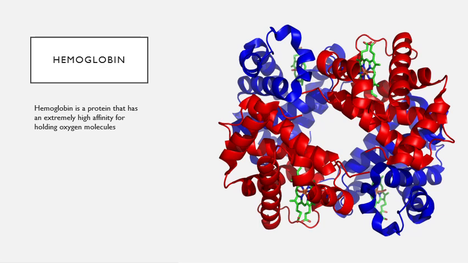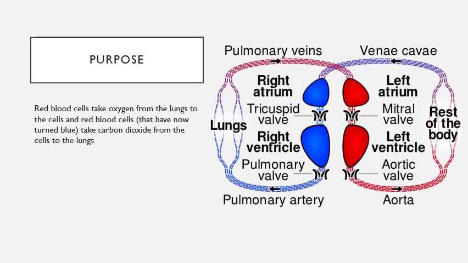So each of these proteins can have 4 oxygen molecules, and the red blood cell is filled up with these proteins. They're little baskets to carry oxygen around. So red blood cells take oxygen from the lungs to the cells, and they take carbon dioxide from the cells back to the lungs. Their job is just carrying things.